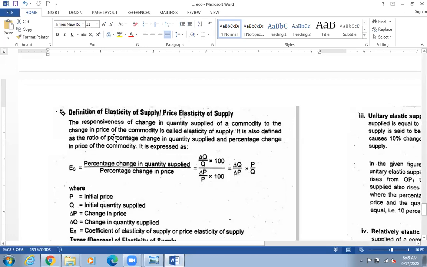If you sell that item at 5 rupees and if you sell that same item at 6 rupees, that means how much extra are you going to get? 1 rupee extra. Suppose selling at 5 rupees gives 2 rupees profit, then selling at 6 rupees gives 3 rupees profit. So according to the supplier, you always wish to supply at a high price.